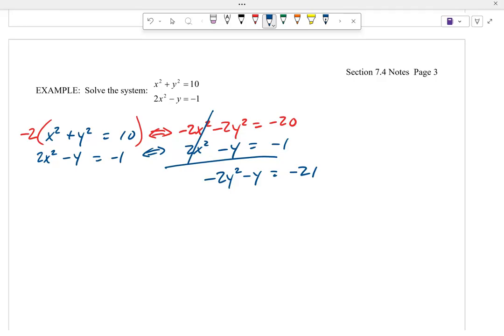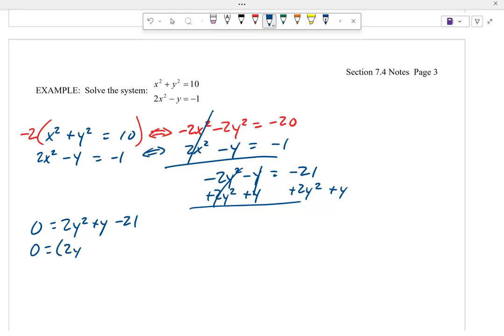I'm solving a quadratic, so let me get one side equal to 0. So I got 0 equals 2y squared plus y minus 21. Let's go ahead and factor that.